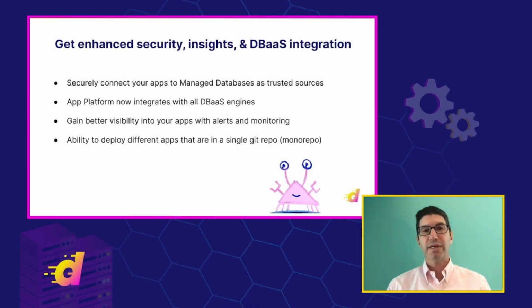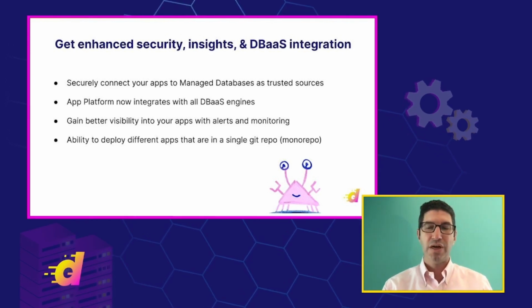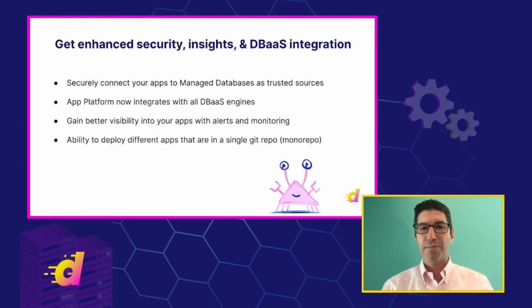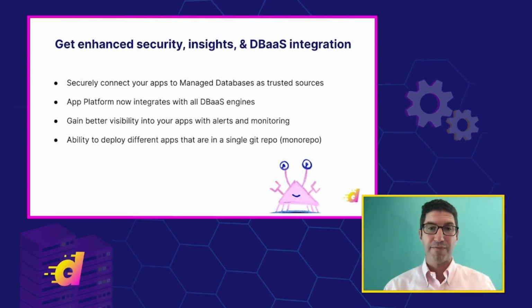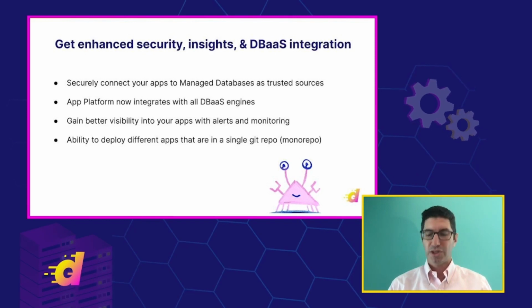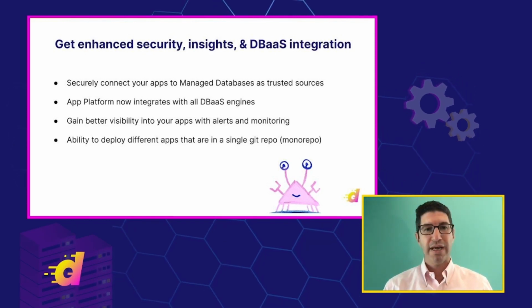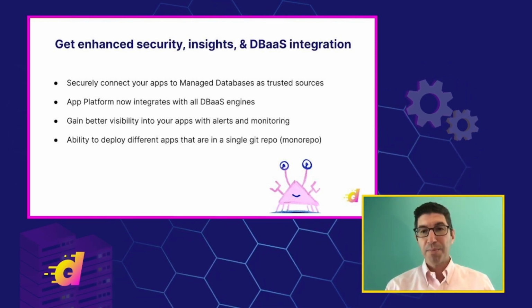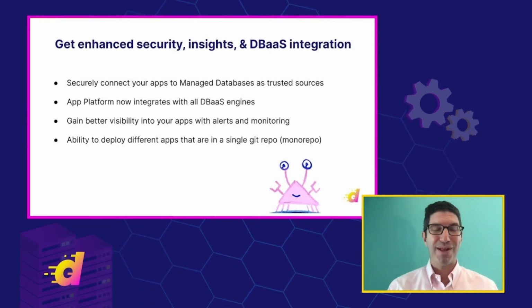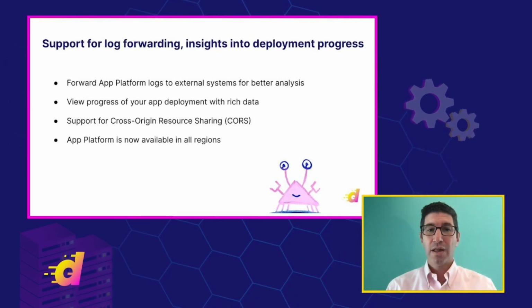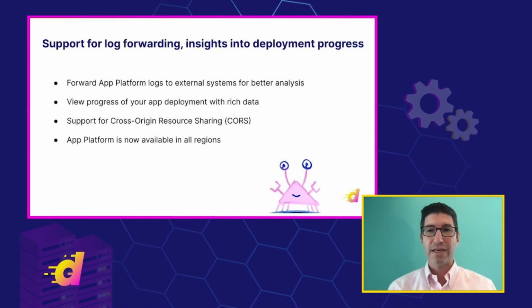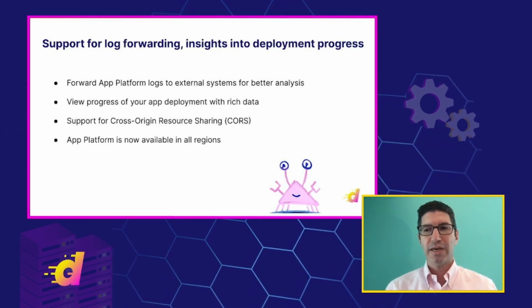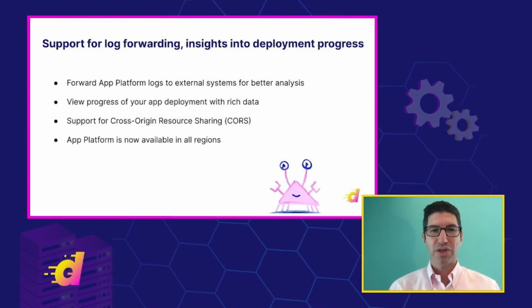We've improved alerting and monitoring. You can get alerting and monitoring on your application right from within App Platform. We've made it easier to deploy different types of applications, including deployment from mono repos. So just lots of improvements across the board. And some capabilities that we're really excited about for App Platform are things like log forwarding. So you can forward logs to external systems like Papertrail and Datadog, making it easier to operate and manage your application over the long term.